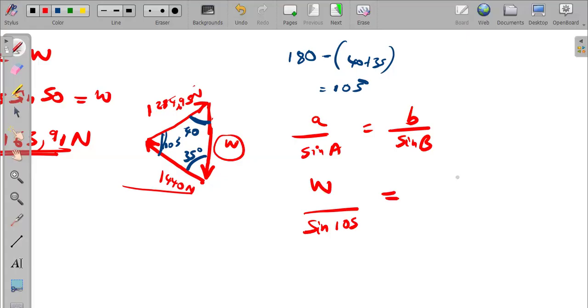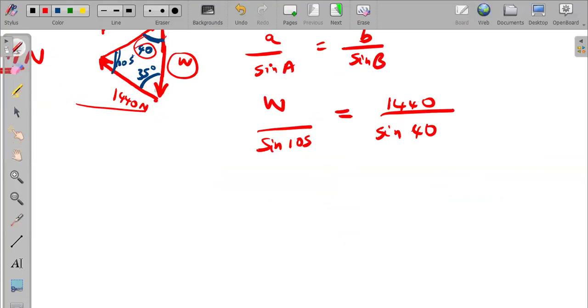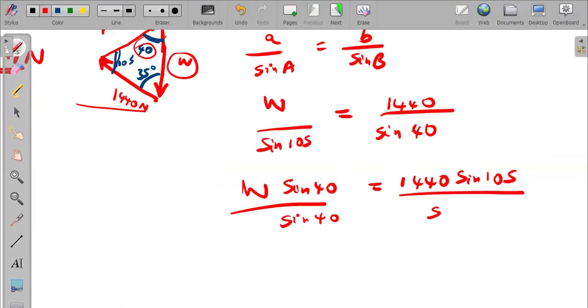So I will say 1,440 over sine, which angle is facing 1,440? Apparently, it is sine 40 degrees, which is this angle here, right? So weight times sine 40 is equal to 1,440 times sine 105. Then I divide by sine 40.